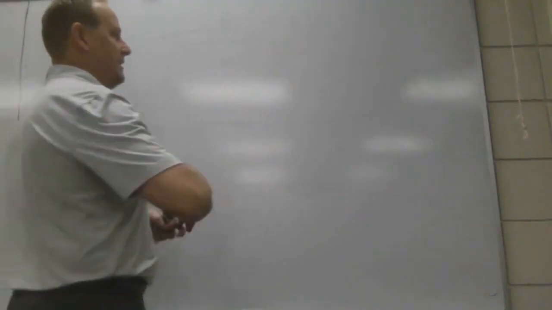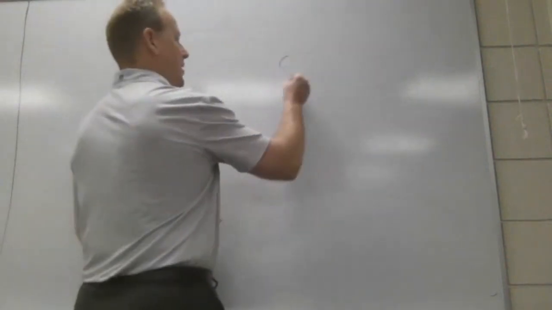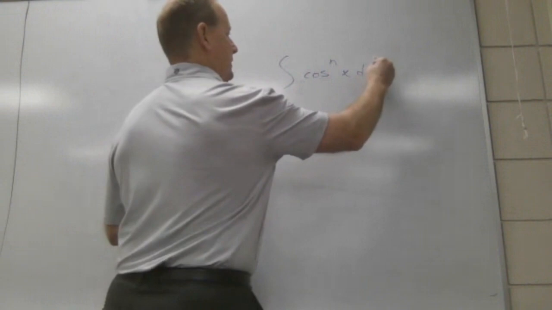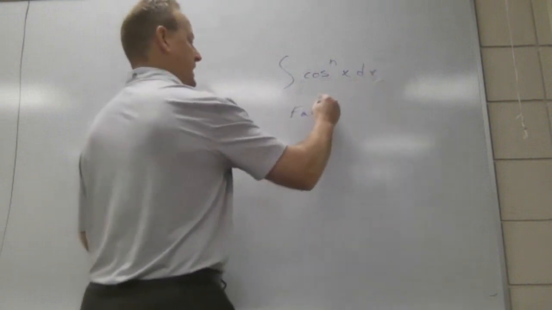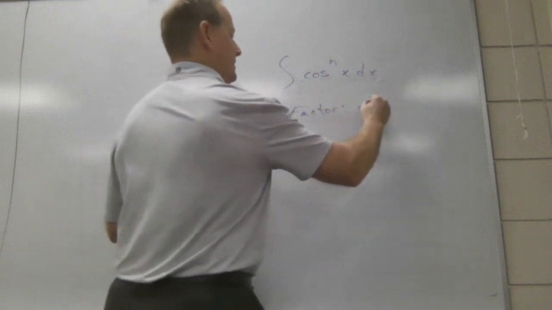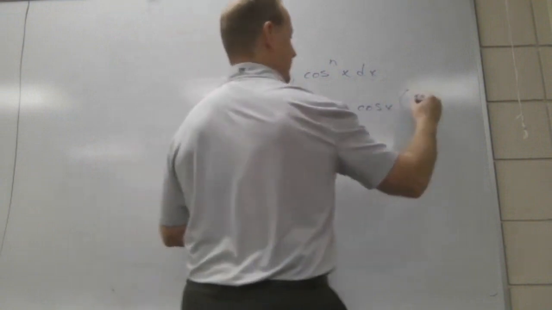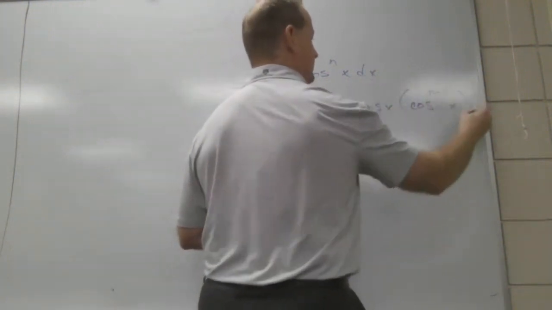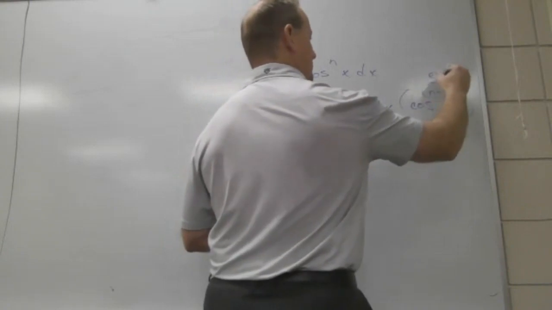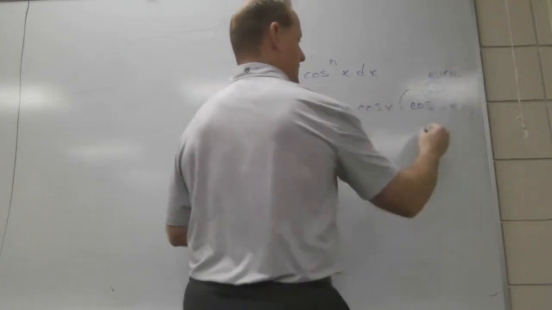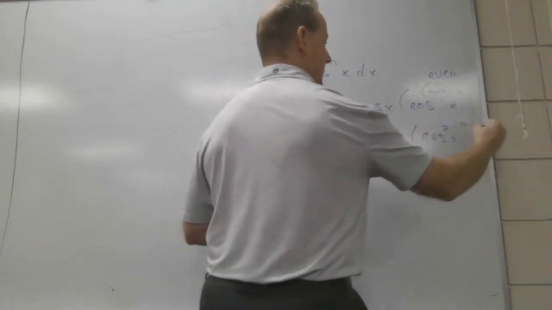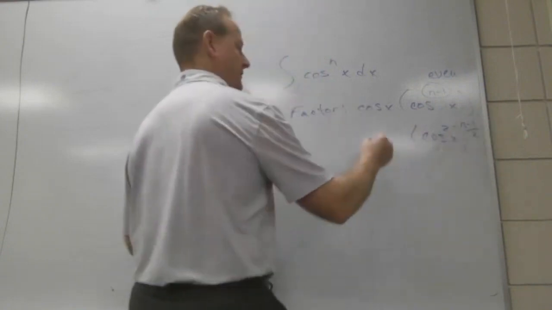So once again, for the integral of cosine to the n power, you're going to factor out a cosine x, and you're left with cosine to the n minus 1 power of x. This is even, so you cut it in half. You rewrite that as cosine squared to the power of n minus 1 divided by 2.